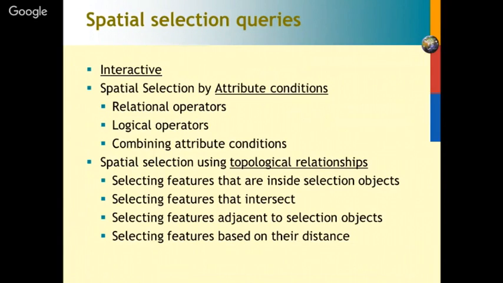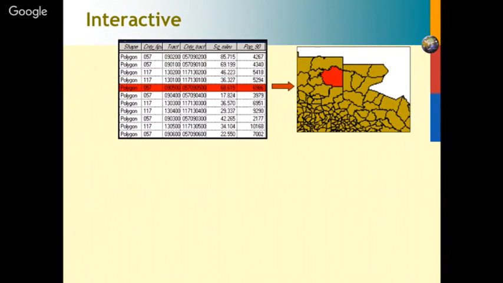Either the spatial selections can be done based on attribute conditions, where we can use different relational logical operators, or a combination of those operators, or we can also do an interactive query based on the topological relationship. So how one feature is related to other features, especially in the spatial context, we can carry out the queries. It is basically finding all the areas which are on the left side or right side. We'll see a few of those examples in this case.